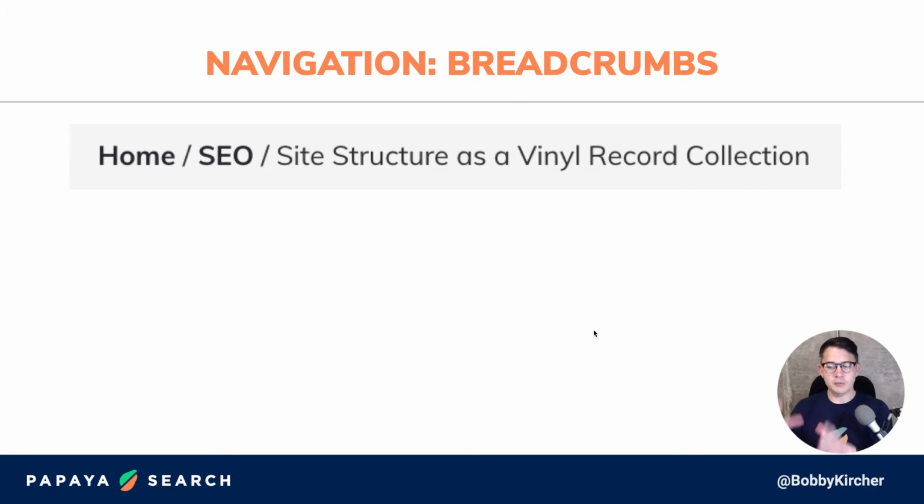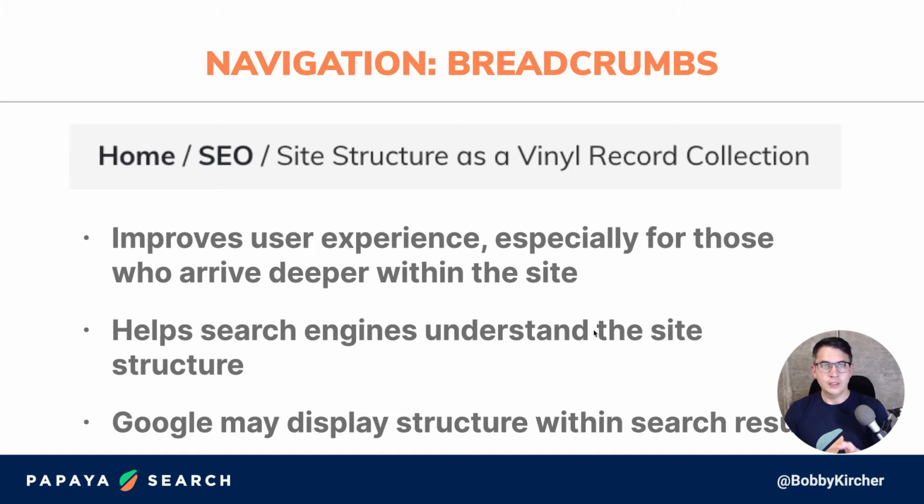So if you're on a specific product, you may want to navigate to a higher level to look at other products that are like this product in particular. So it really improves the user experience, especially when people land on the site if they don't come in through the homepage, right? So they may be doing a search for a product and end up on a product page, and then they want to be able to navigate out of it to find some other products.